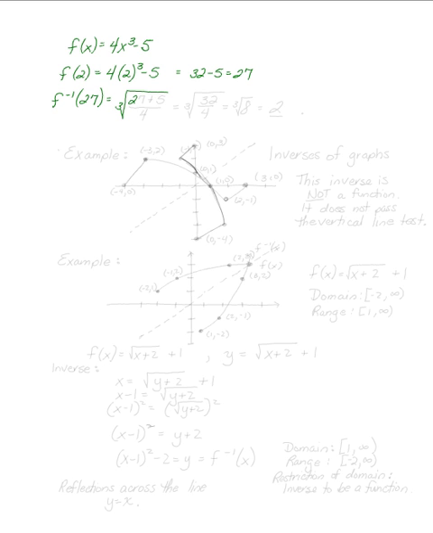Our x is 27, so 27 plus 5 is 32, divided by 4 is 8. This is equal to the cube root of 8, and the cube root of 8 is 2. So that should make us pretty happy that this is actually our inverse function.